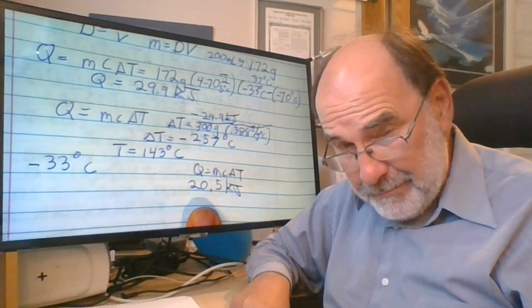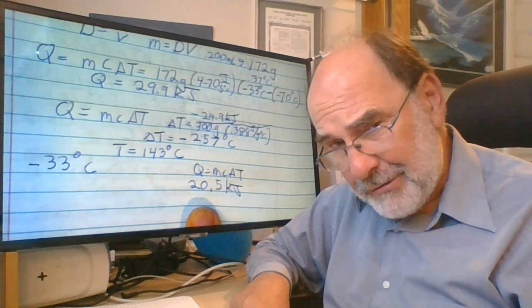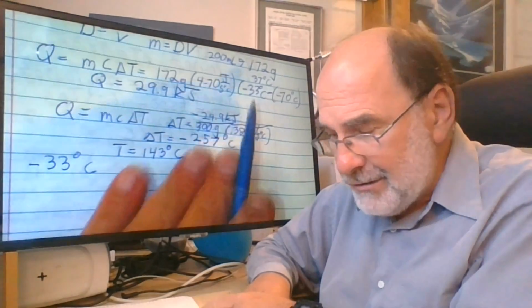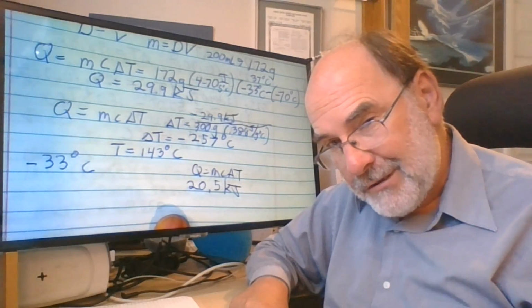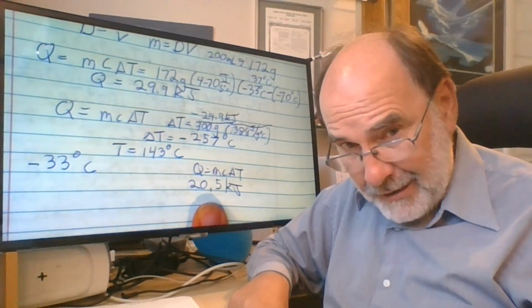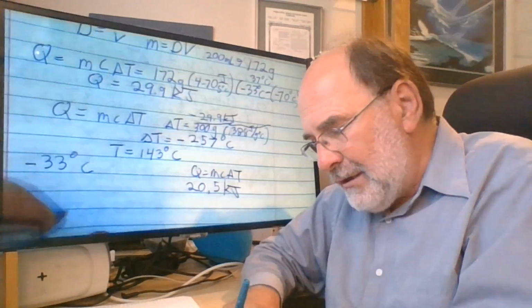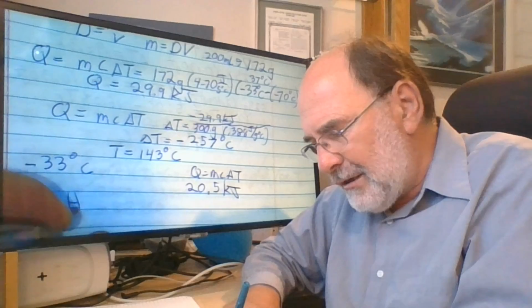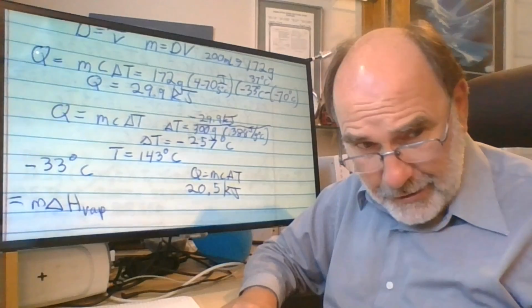What I could do to be prudent right now is see how much heat energy it takes to vaporize all of the ammonia. But I know I only have 172 grams of ammonia to work with. I'm now going to solve for how much ammonia I can vaporize, starting with 20.5 kilojoules. Of course, delta H of vaporization times the mass is the equation I want to use.